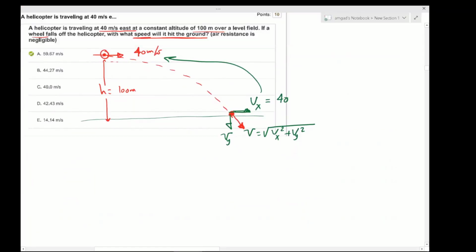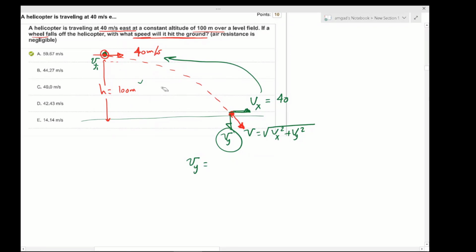Okay, Vy, how to get Vy? 0? Nope, it cannot be 0. It was 0 at the beginning. We call it Vy initial. It's 0 at the beginning because the projectile is moving horizontally. But because of the gravity, you pull it down, so Vy increases.